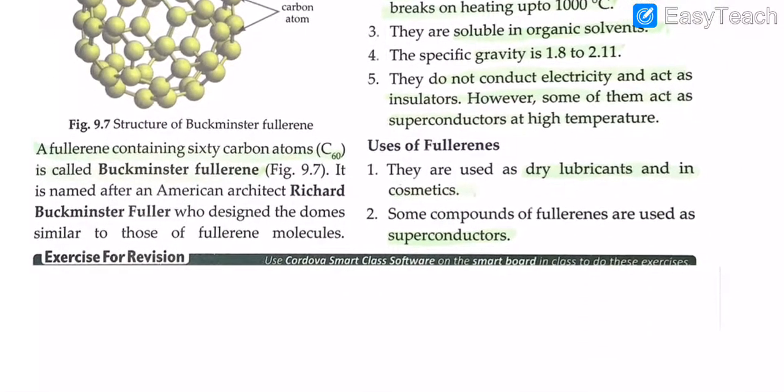A fullerene containing 60 carbon atoms, that's C60, is called a Buckminster Fullerene.